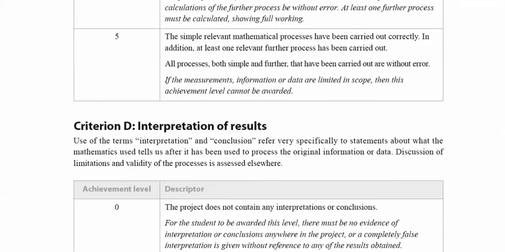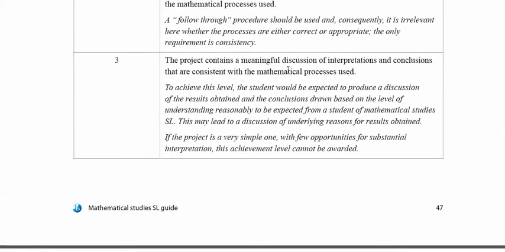Let me just go back. To get a 3 is very difficult. To achieve this level, it must have a meaningful discussion, and obviously it needs to be consistent with the results and the mathematical processes used. I'll just read it out to you.